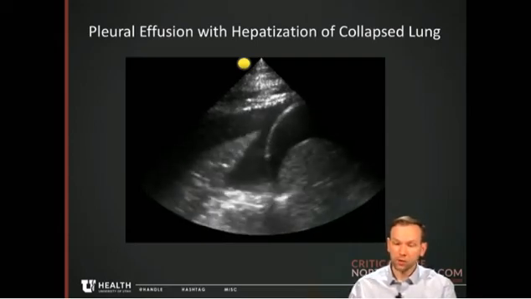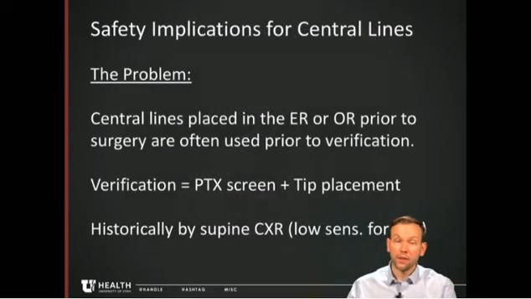So speaking of central lines, I think one of the most apt ways to integrate lung ultrasound into an anesthesia practice is to consider some of the risks that we absorb when we place central lines. This applies both to central lines placed in the OR before or after induction, and to central lines placed in the emergency department for urgent cases, especially trauma cases.